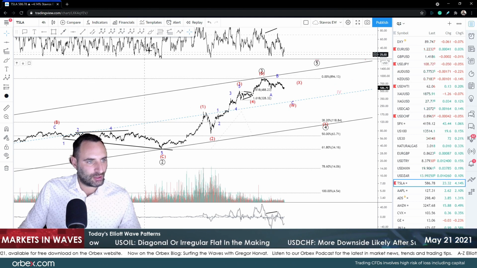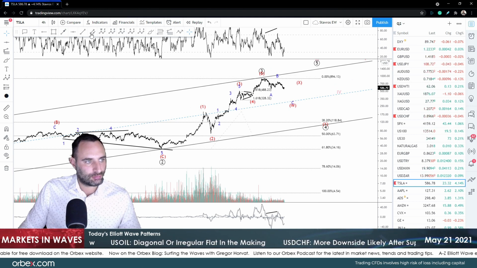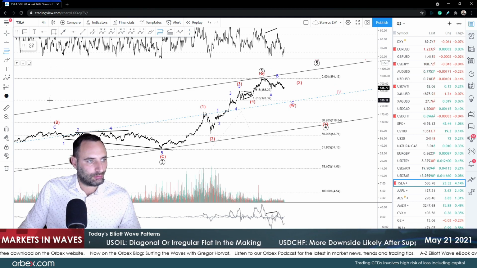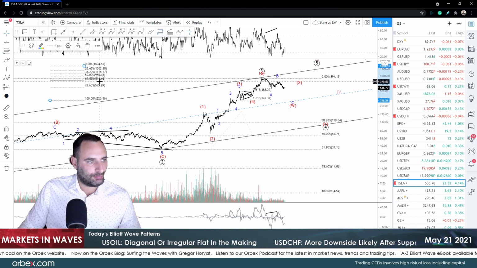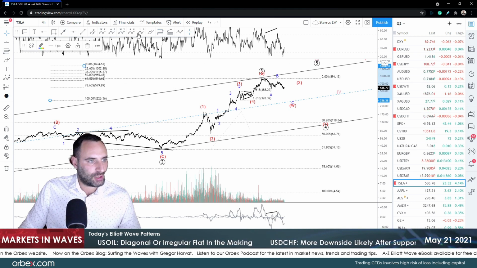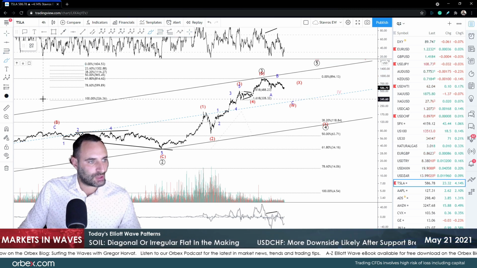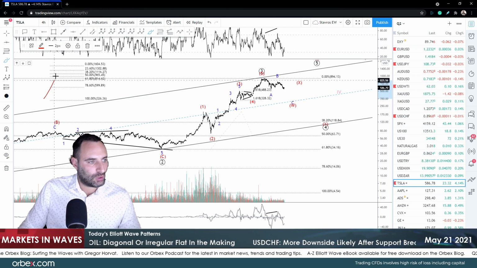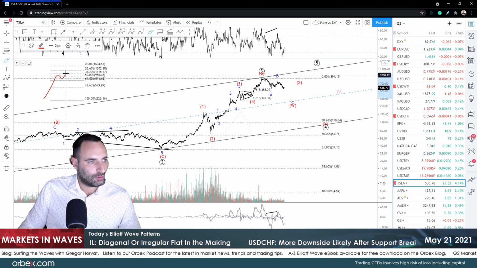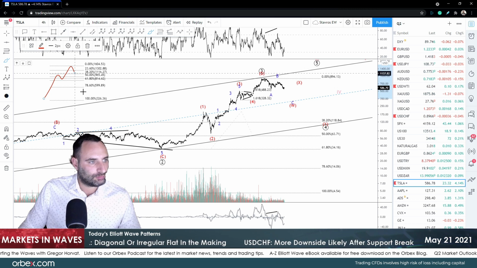I will just make a small diagram here. So you got prices moving up, let's assume, and you're going to get something like wave 1, wave 2, wave 3, and wave 4.